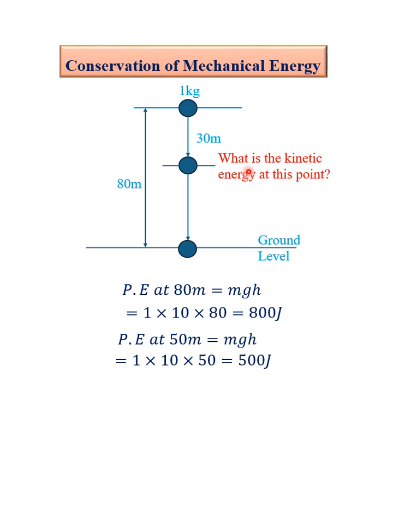So at this point, we can simply get the kinetic energy by subtracting this from this, because some of the 800 joules has been converted to kinetic energy to remain at 500. Therefore, the kinetic energy at this point is equal to 800 minus 500, and the answer is 300 joules. So the kinetic energy at this point is 300 joules.